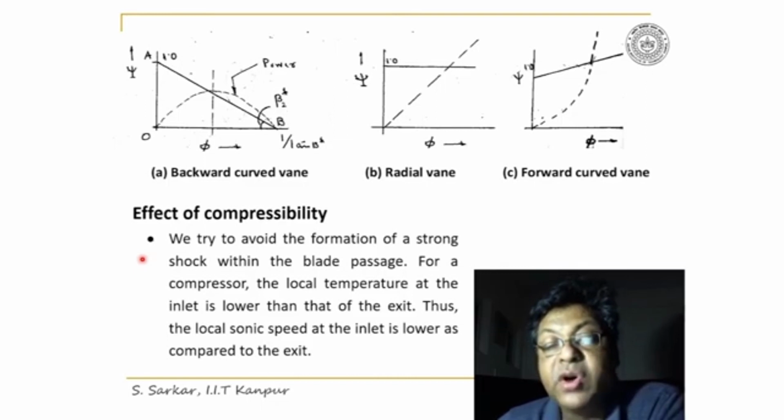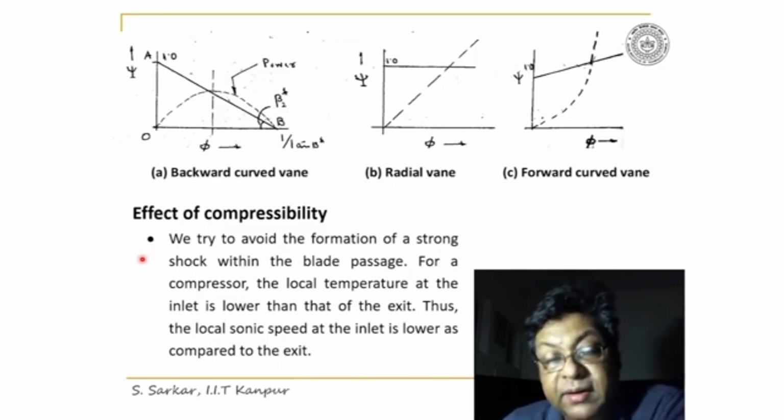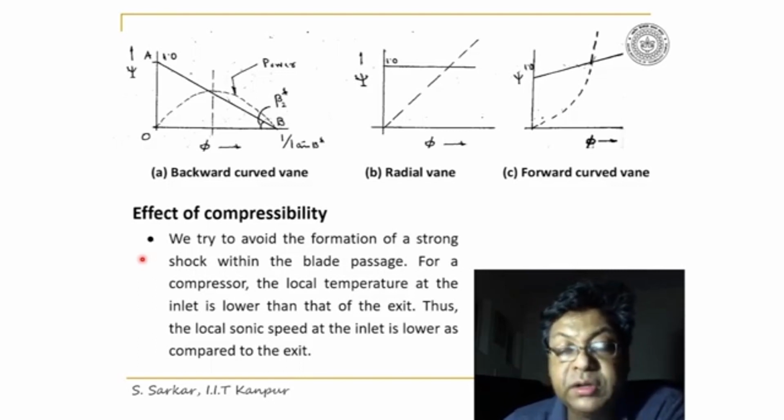Why? Because shock formation involves additional losses. Furthermore, please note that the sonic velocity is proportional to root over T, and at inlet the temperature is lower than at exit. Thus the sonic speed at inlet is less than at exit for a compressor.